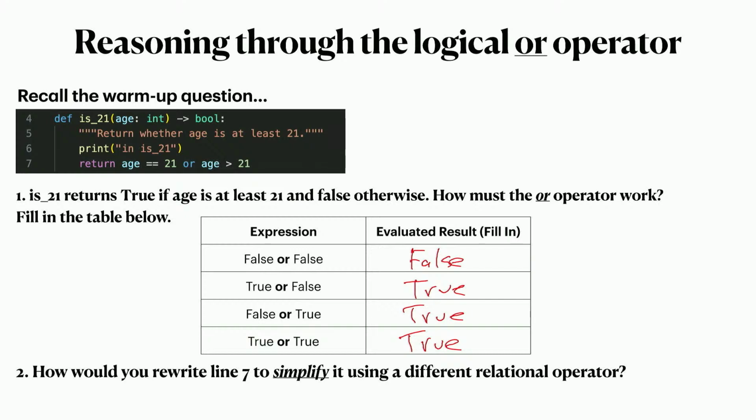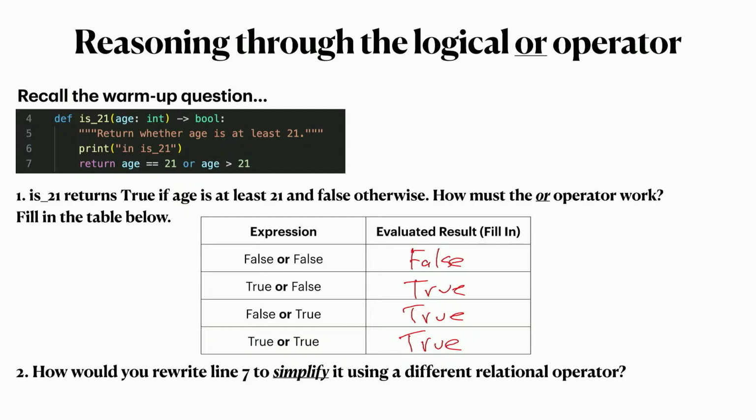But by default, in this implementation, and you had no basis for reasoning through this, somewhat intentionally, given the example, I wanted this to be a little bit of a conversation, because I've seen in previous semesters this misconception carrying forward all the way to the final exam, and I want to be sure that we're careful of it here, which is either one or both sides of an OR operator can be true, and as soon as that's true, then the OR will evaluate to true. All right? So in this case, the only way that the OR operator will evaluate to false is if both expressions on either side of it are false.